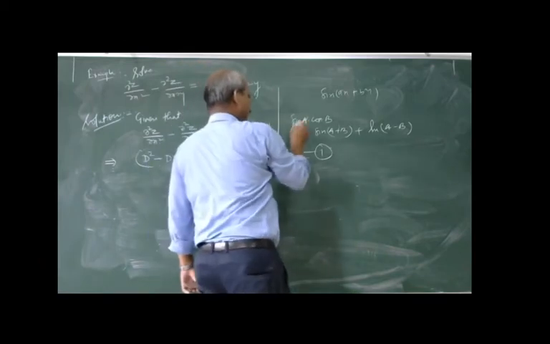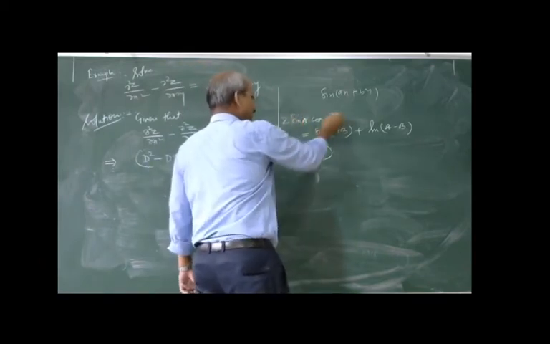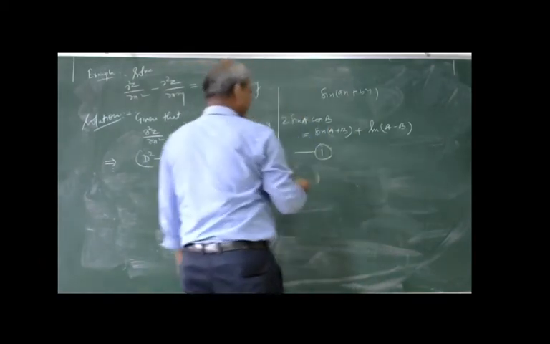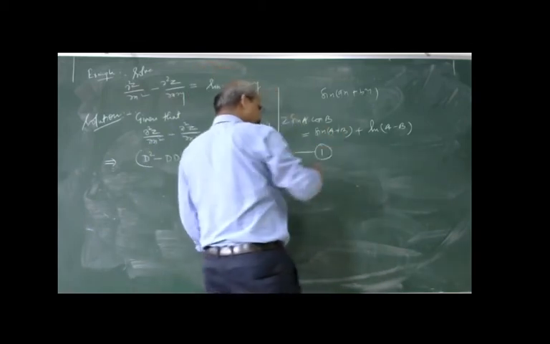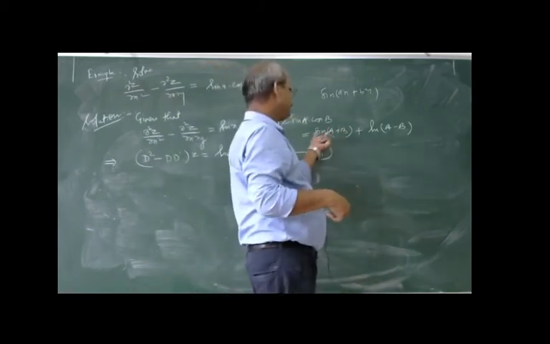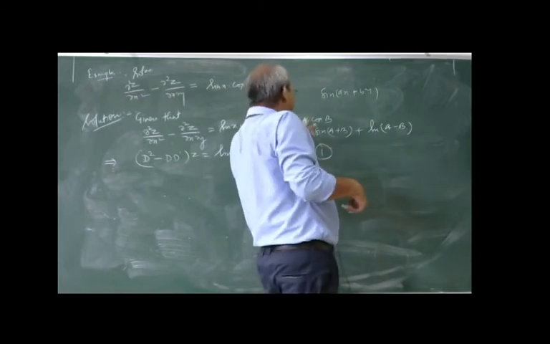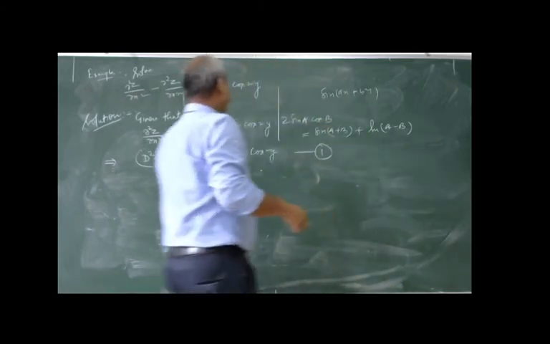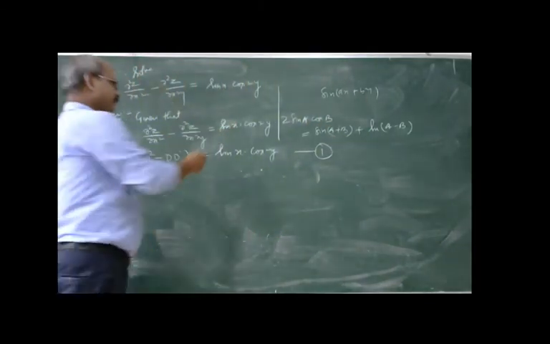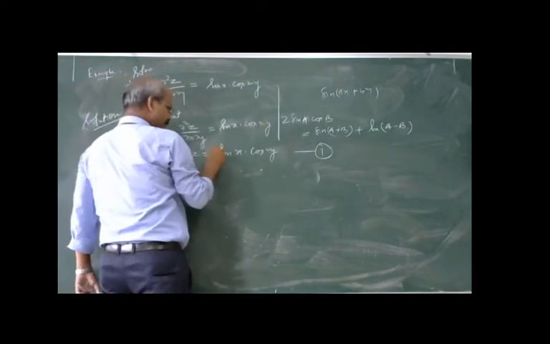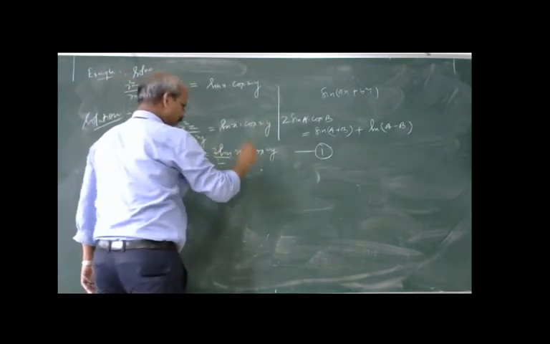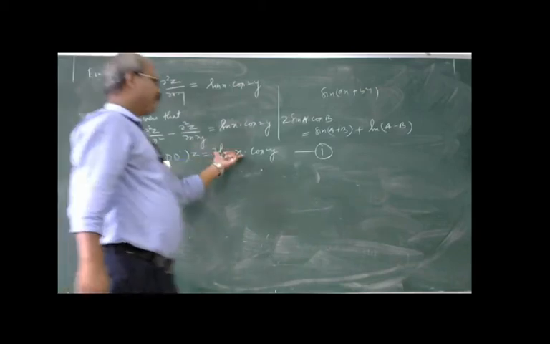Here you have seen that 2 sin a into cos b equals this, and in the other way we have told that sin c plus sin d equals 2 sin((c+d)/2) into cos((c−d)/2). So now to make this formula into this form, multiply by 2 in the numerator and divide by 2 in the denominator, so it becomes like this.